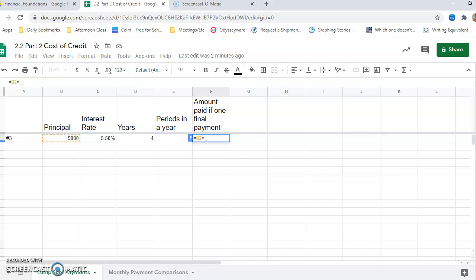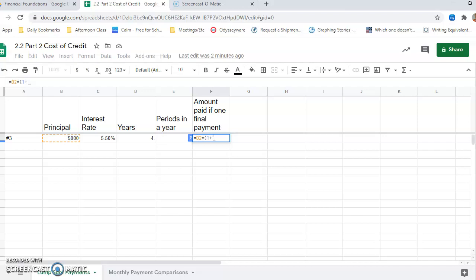We use the star for multiply. And then inside parentheses, we would be doing 1 plus. Remember that we're going to make this formula so we can use it for this problem and the harder problems. Remember the formula where we take the interest rate and divide it by the number of periods? That was our n.